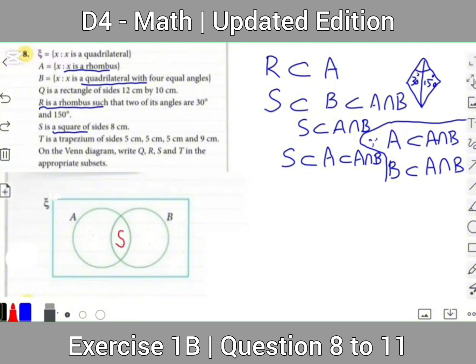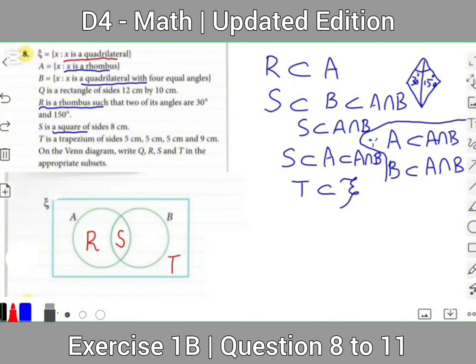Now we have to find out about R. R is a proper subset of A, so it will be written in region R1. Now what about T? T is not a subset of set A or B, so it will be a proper subset of the universal set eta, and it will be written in the region R4.